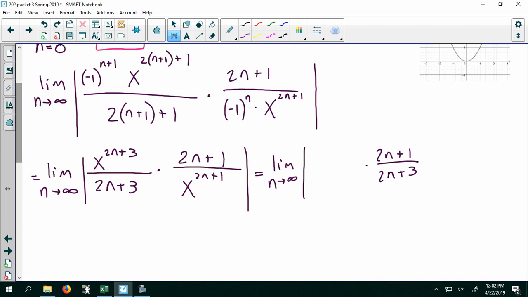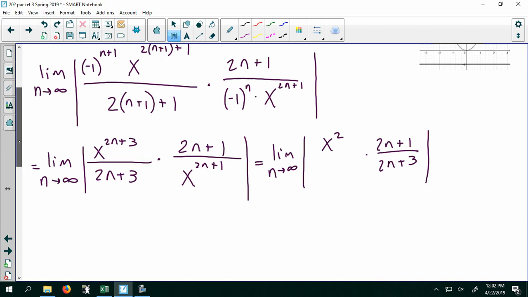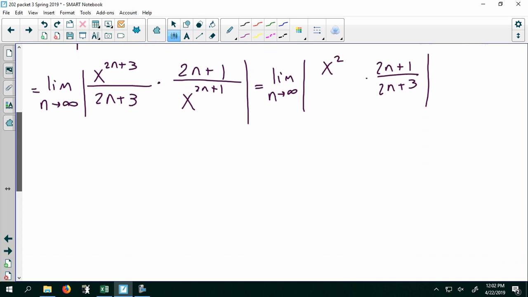And then my x's, I'm dividing like bases. X to a power divided by x to another power. Dividing like bases, you subtract the exponents. So (2n+3) minus (2n+1) is 2. So I have an x squared in the numerator. When I'm taking this limit as n goes to infinity, x squared is not affected at all by letting n go to infinity.